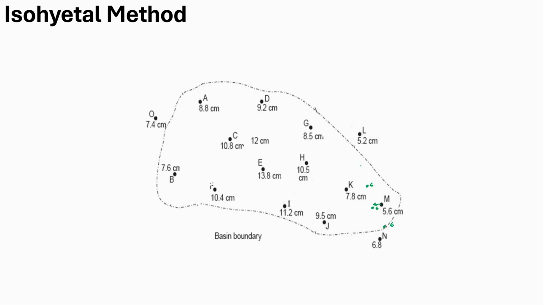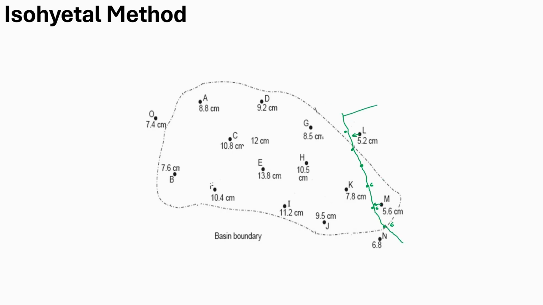Again, we will move upwards and we will cross, because 6 centimeter precipitation will be on the left side, because here station G has 8.5 precipitation, meaning we will move from 5.2 to 8.5. So in this way, we will draw a line which will join these points.